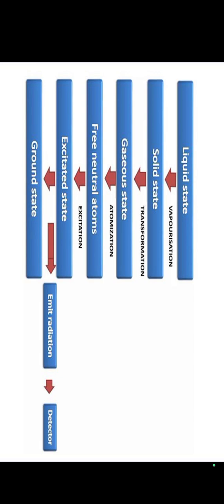In these two processes we do the atomization, and the free neutral atoms undergo excitation to the excited state. Then they return to the ground state, and in between the radiations are emitted and go to the detector, which reads out the measurements.